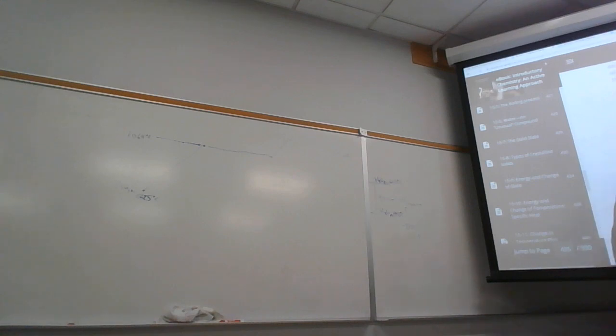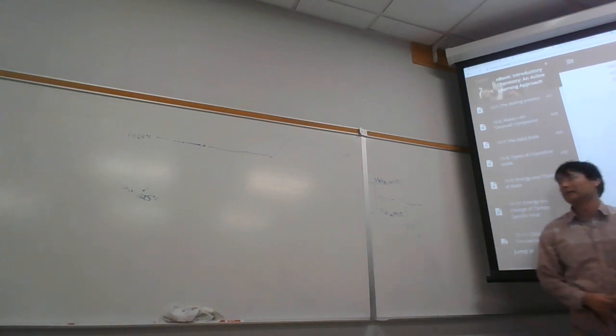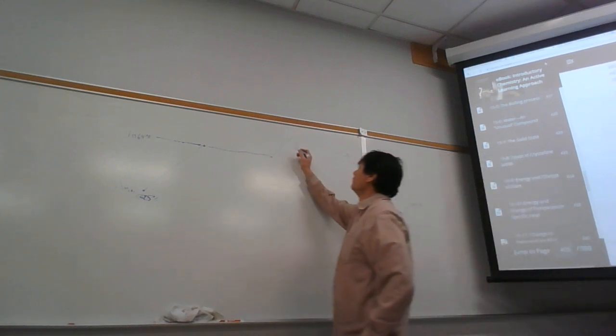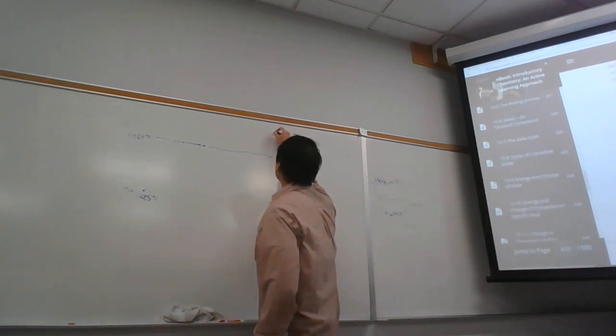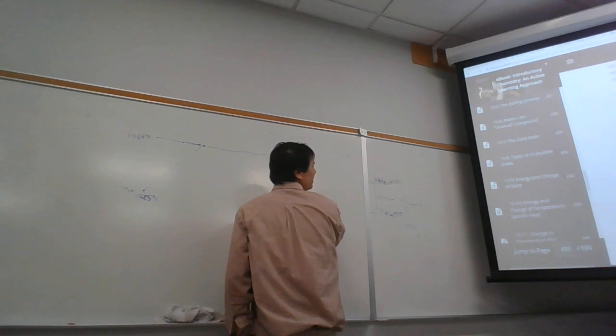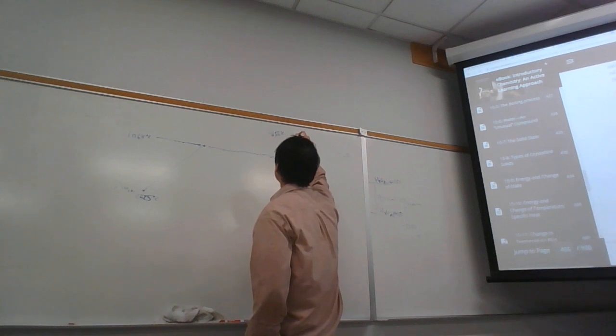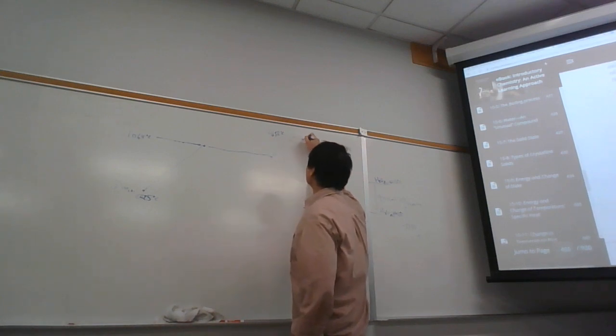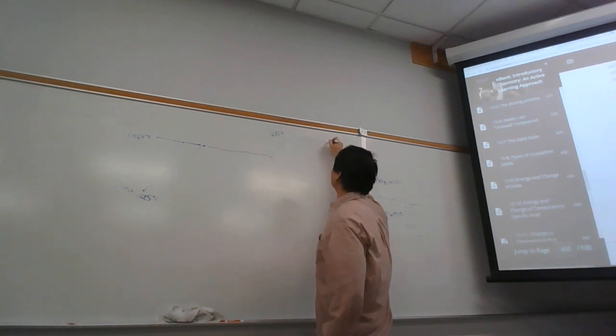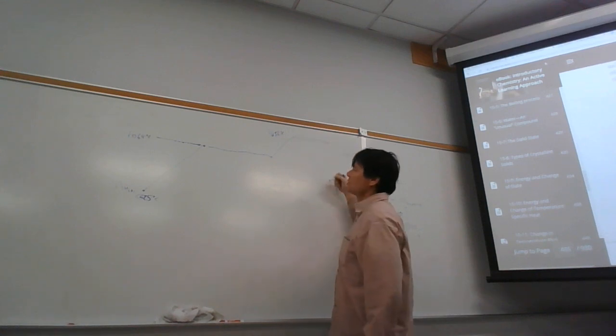So if we continue heating it up to 2,856 degrees C, it'll start to boil. And then all that energy is used in boiling this until we get gaseous gold.